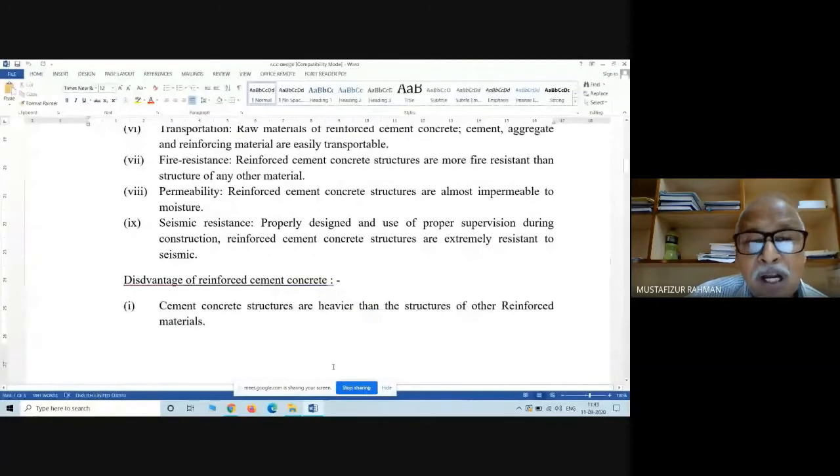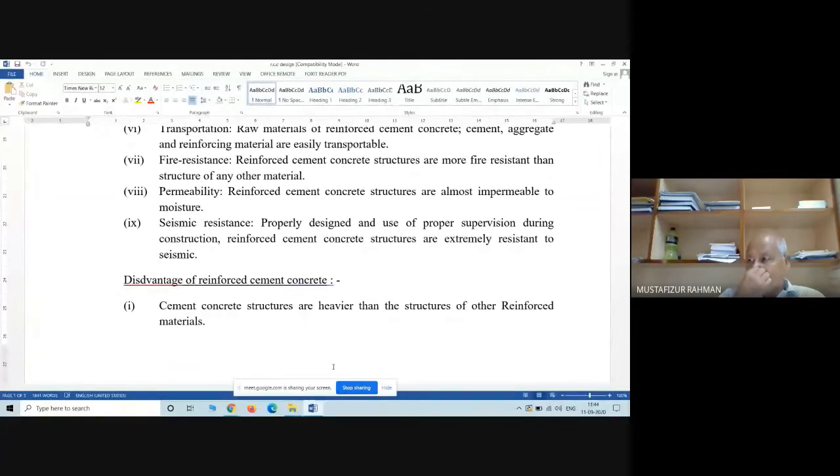Then we will count seismic resistance. Whether concrete or RCC has seismic resistivity or not. In the first instance, it is not seismic resistive.